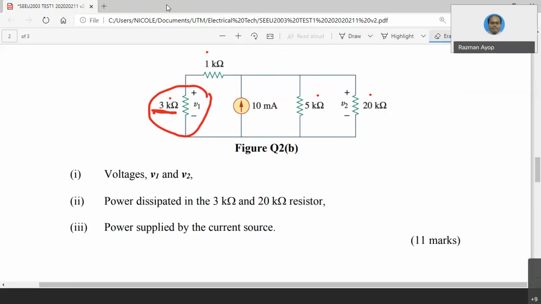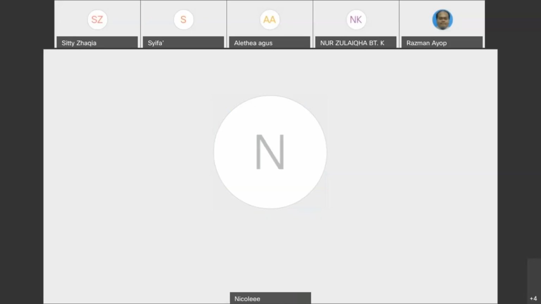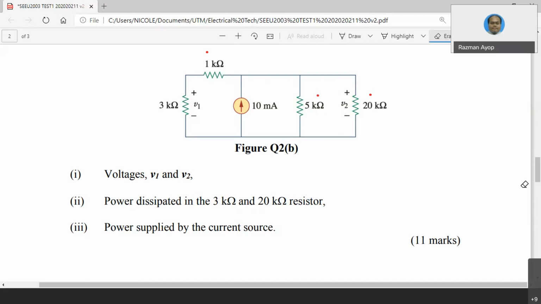If you delete it, the mark is still shown. Can you share it? Okay.